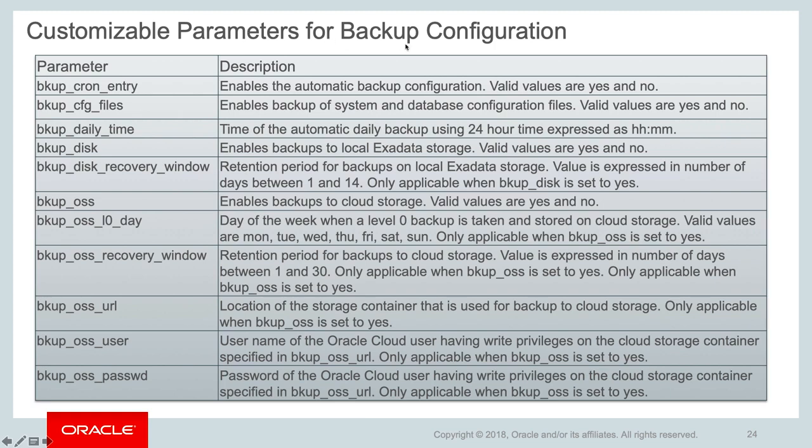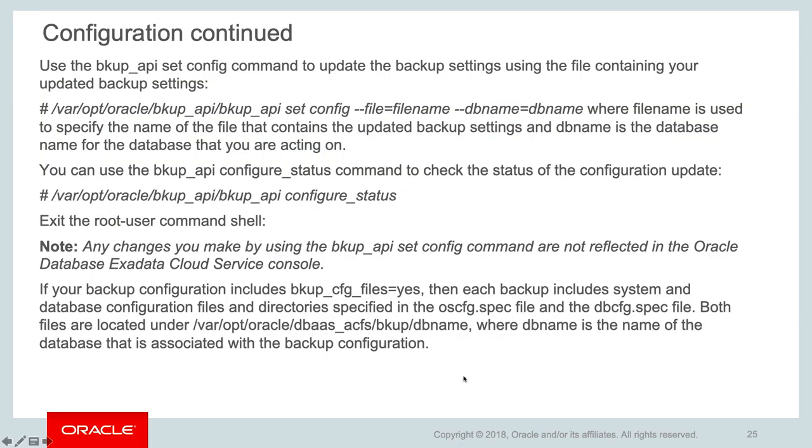These are the customizable parameters for backup configuration, and this list is really big. I'm not getting into all of them. You can read this in the documentation link which we shared earlier, but more importantly, backup to disk, backup configuration files, cron entry, backup OSS user password. These are the ones you have to really see are set correctly or not.